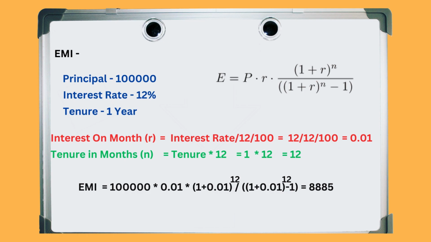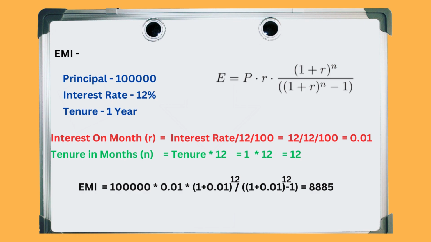Once you calculate that, you get 8885 rupees as the equated monthly installment for a loan of 1 lakh rupees with a rate of interest of 12% and a tenure of 1 year. This is how you can calculate the EMI.